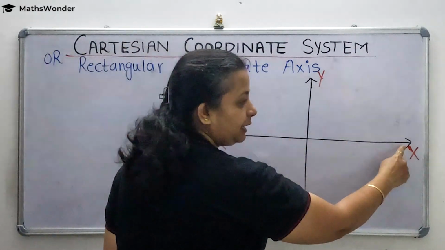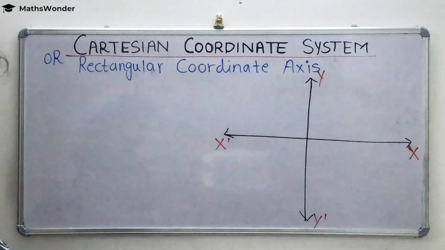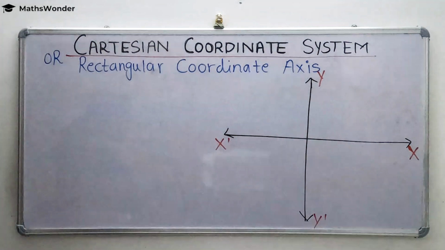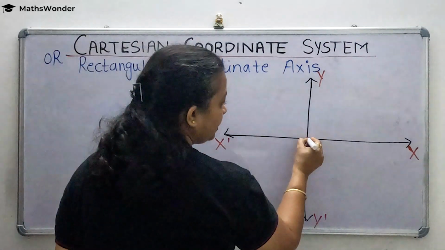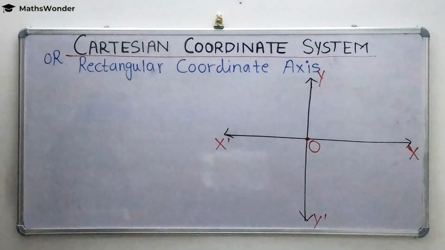What is the meaning of perpendicular? It's 90 degrees. So perpendicular lines called the x-axis and the y-axis intersect at the origin, which we call O. Generally, 99% of the time we give it the name O.